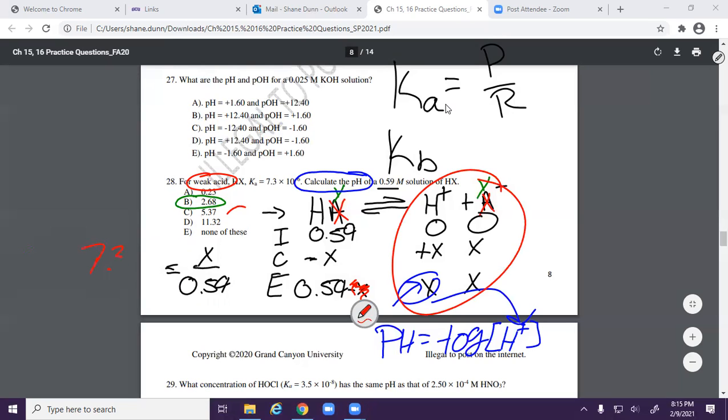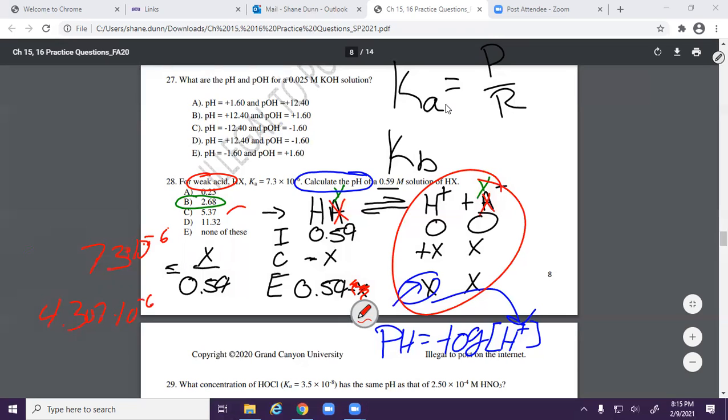Yeah, so 7.3 times 10 to the negative 6 value, right? Okay. What is that times 0.59? Yep, 0.59. So you got 4.307 times 10 to the negative 6, you said?